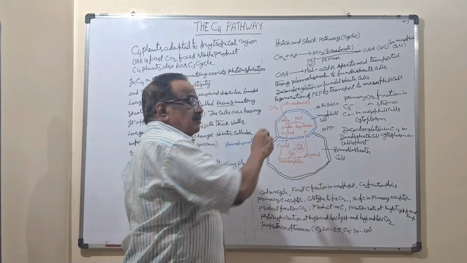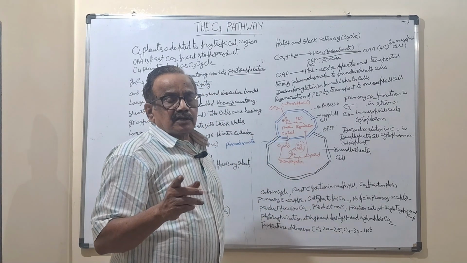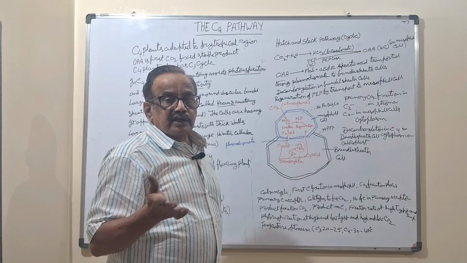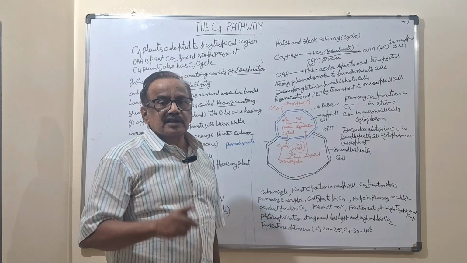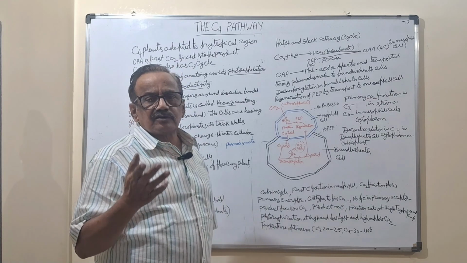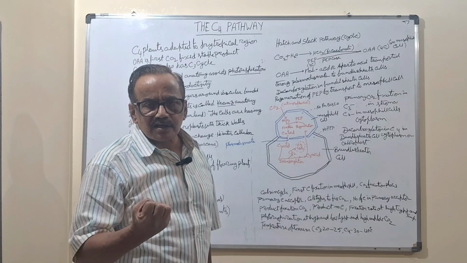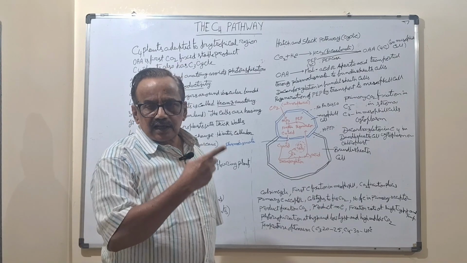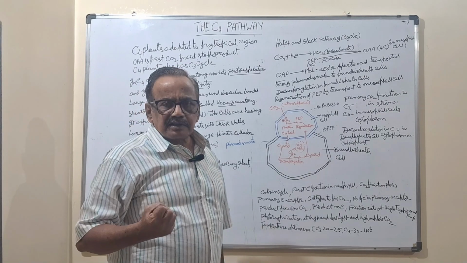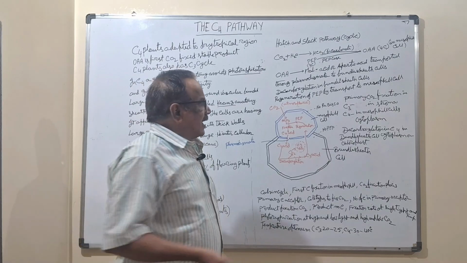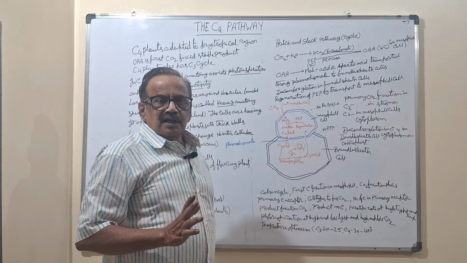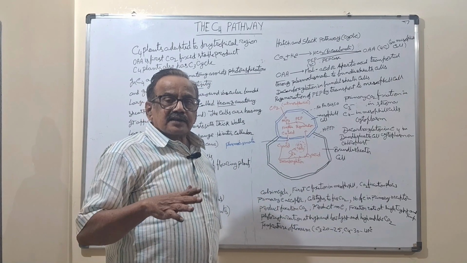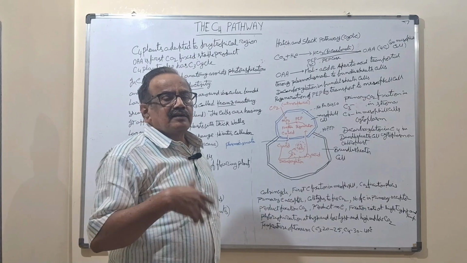Now it will become bicarbonate. So carbon dioxide availability is less for the C3 plants, but C4 plants have the adaptation of having that enzyme, and it will take more carbon dioxide. And when the carbon dioxide is high, then naturally the product will be more.